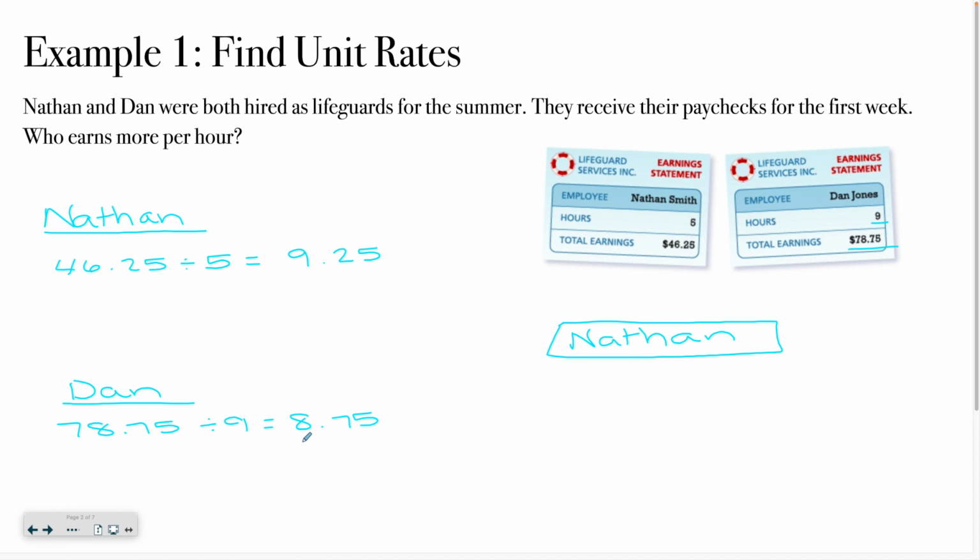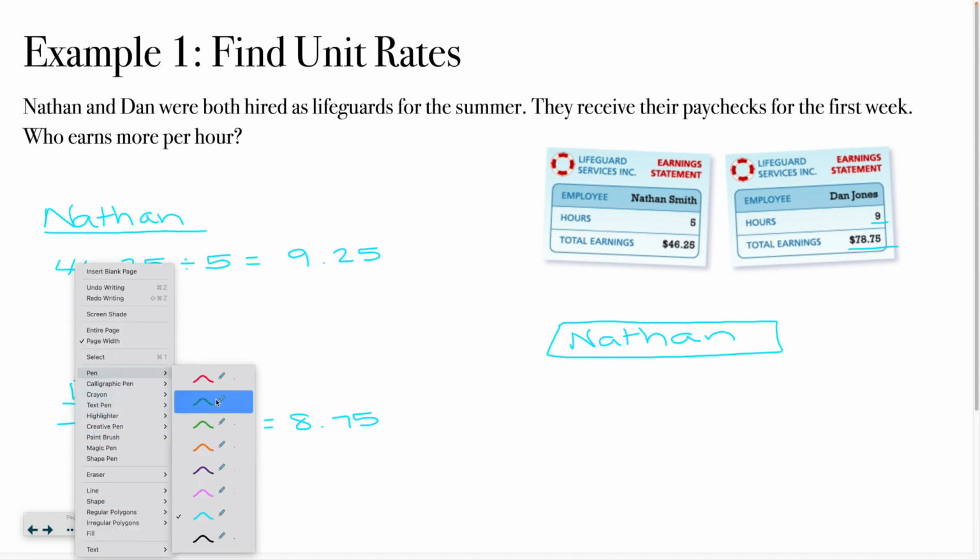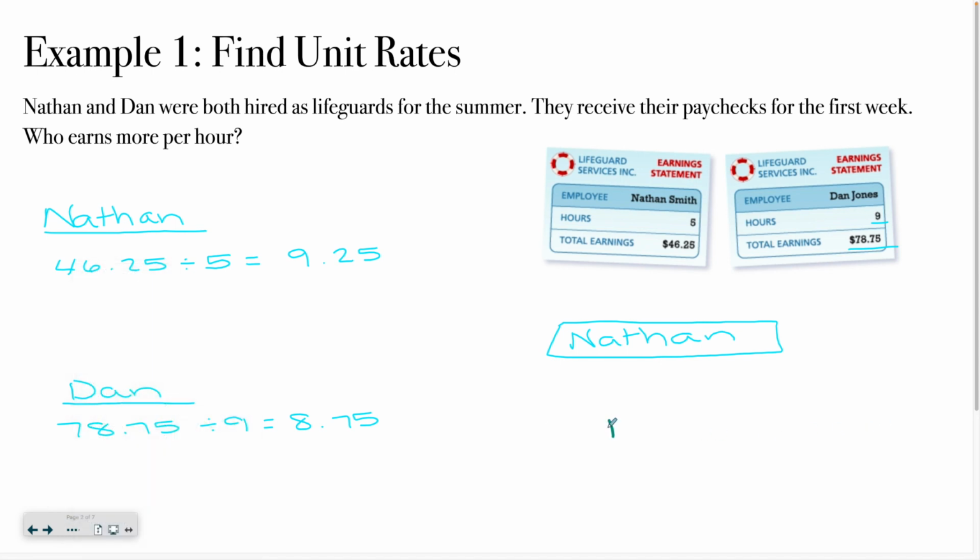All right. So in order to find a unit rate, you do your total divided by the number of objects or items you're talking about. In this case, that would just be hours. And that's how you always find a unit rate.